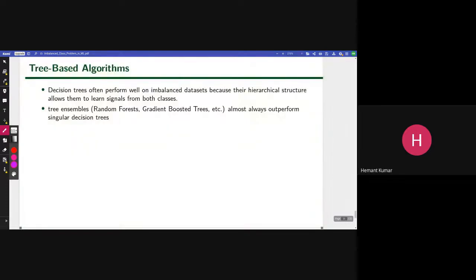I think we have repeated these two slides. We have four or five kinds of approaches to handling the data set. First is undersampling, which has the problem of loss of information.